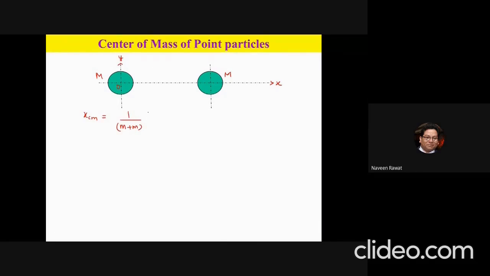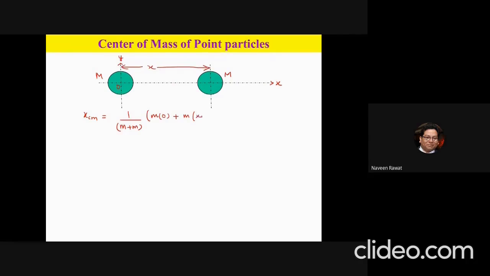And on the top I have to take the mass times the position of the mass. The first one will be mass m, and the position of that object is actually at 0. And for the second object, it is again mass m, and the position of this object is, let's say, this distance is some x.